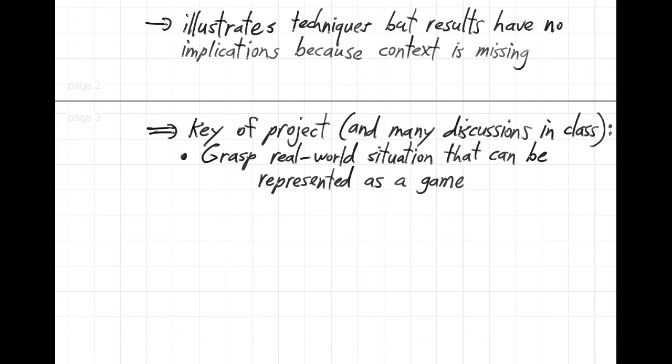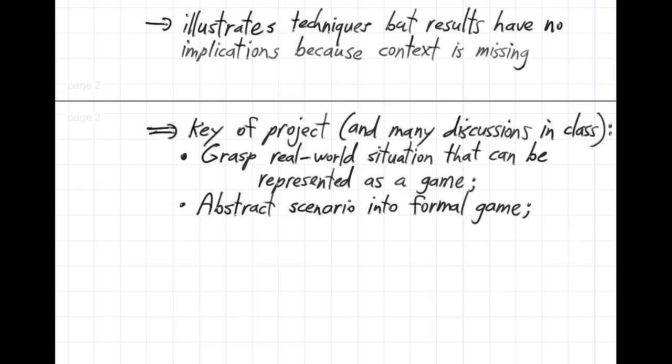By grasp, I mean recognize. Next, we'll want to abstract that scenario into a formal game. That abstraction step will put it into a decision tree or a matrix formalism where you'll have defined the payoffs and presumably the utilities for the players, and then you'll be able to work with it.